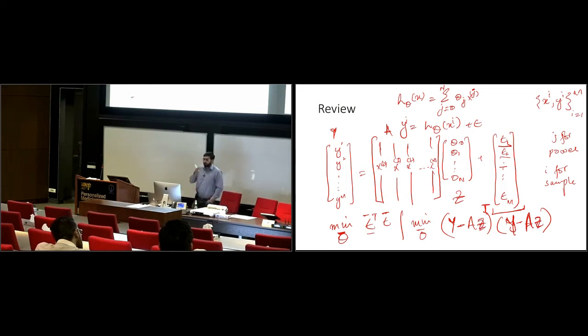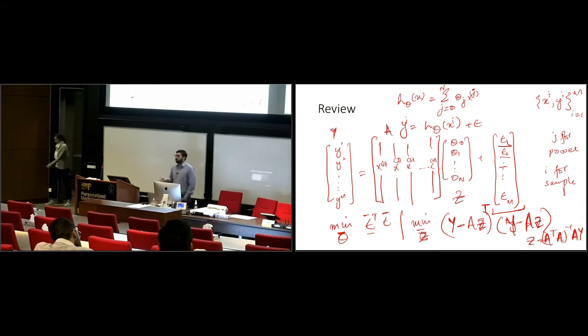This is something that we went through yesterday, and we are minimizing this with respect to theta, which in this case is the vector Z in my notation. Then we minimized it and we found that the optimum Z is (A transpose A) inverse A transpose Y. Is it clear to everyone?